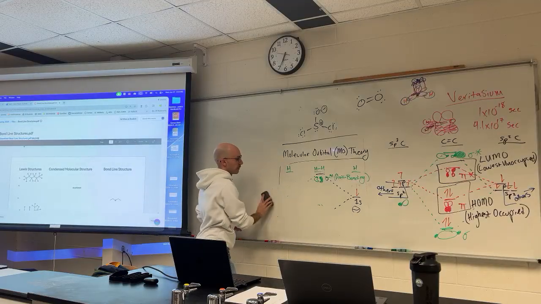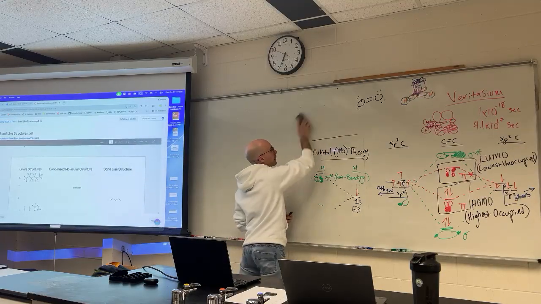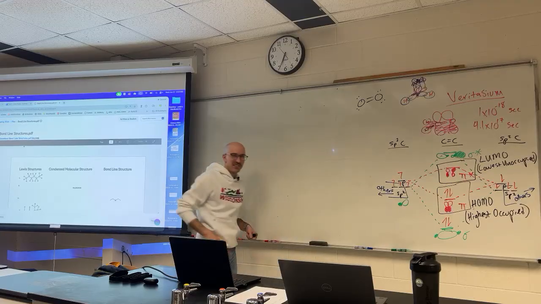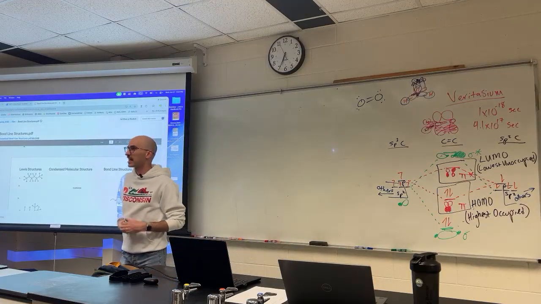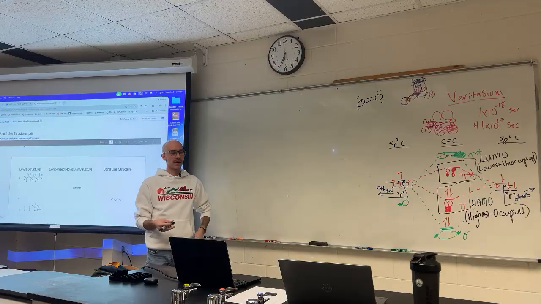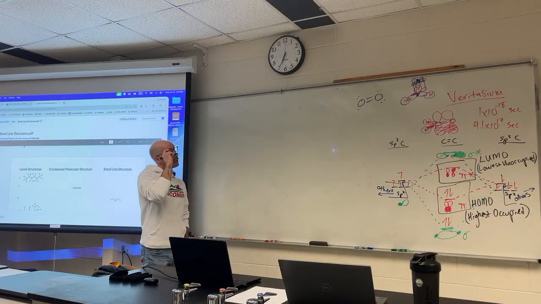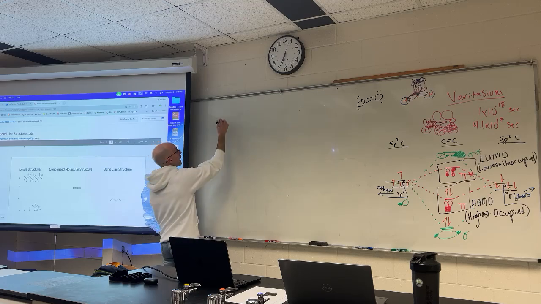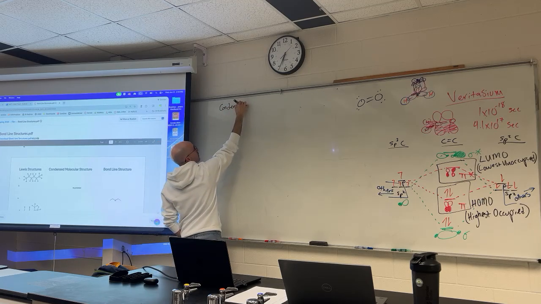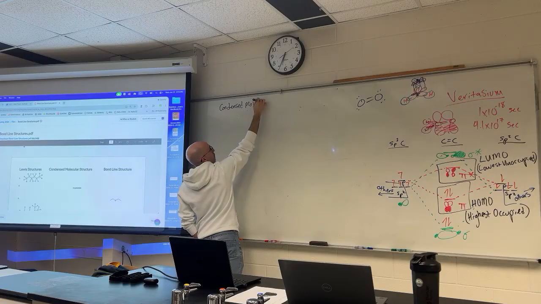Lewis structures become far too complicated, far too time-consuming, and just cluttered. They steal from some of the analysis we can make on a compound. So, first I want to cover condensed molecular structure.